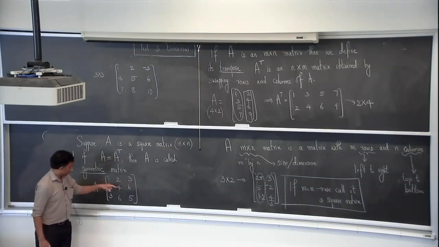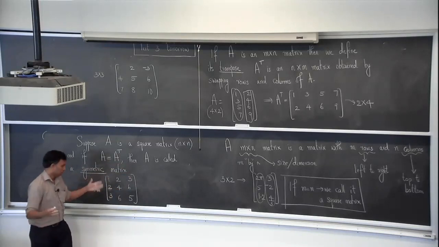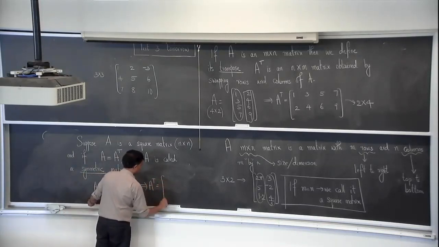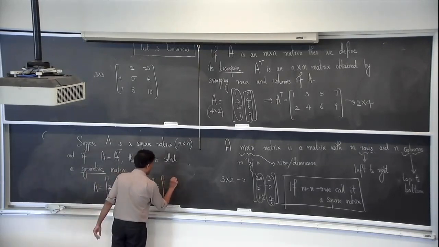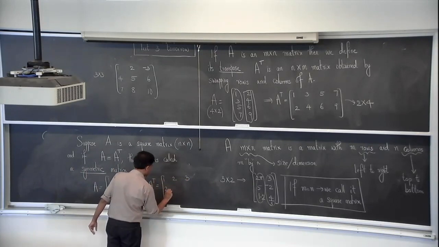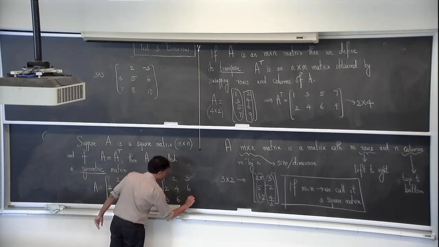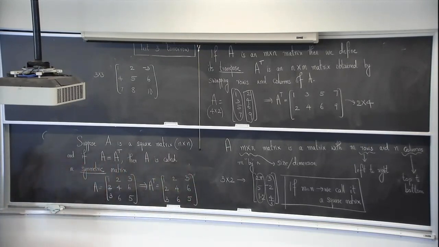So the first row here is the same as the first column, the second row is the same as the second column, the third row is the same as the third column. So even if you transpose this, you're just writing the same matrix: 1, 2, 3, 2, 4, 6, and 3, 6, 5. That is what is called a symmetric matrix.